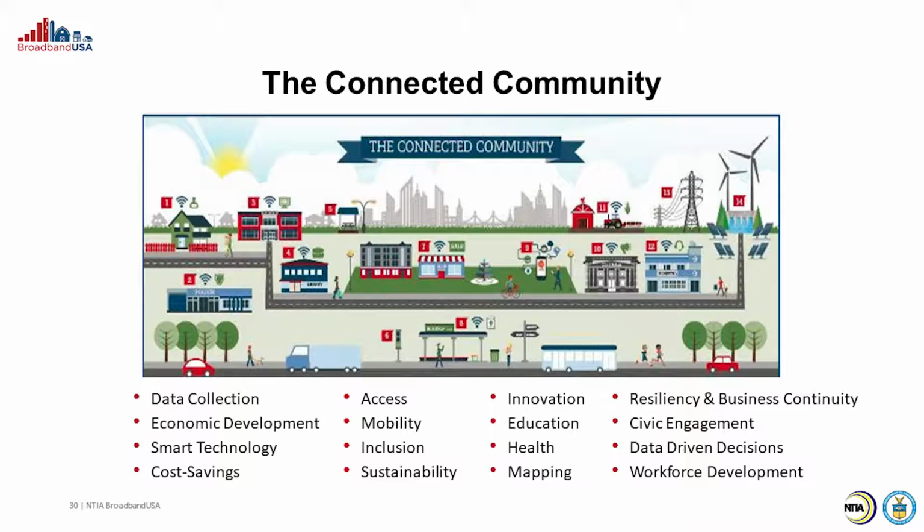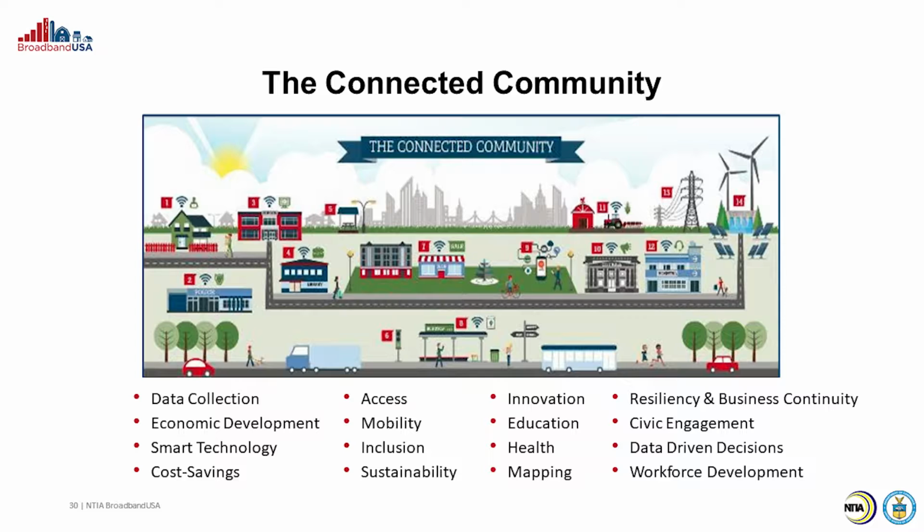Some key terms and phrases here that you'll see thrown around, particularly in business: we're talking about resiliency and continuity of business actions and activities, right? That is a key core component of having robust broadband connectivity. Economic development, smart technology, sustainability, innovation and education and health, workforce development, enabling more data-driven decisions that reflect accuracy in resources and programming.